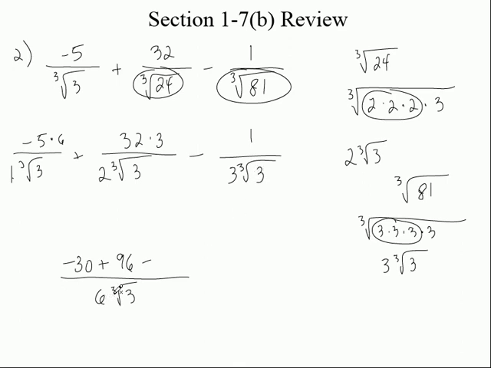Multiplied it by 2. So you multiply that by 2. We good? Alright, so let's see. 96 minus 2 is 94. 94 minus 30 is 64. Did I do the math right? I believe I did. Over 6 cube root of 3.